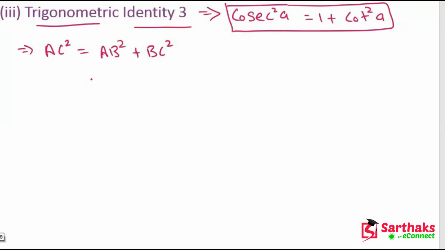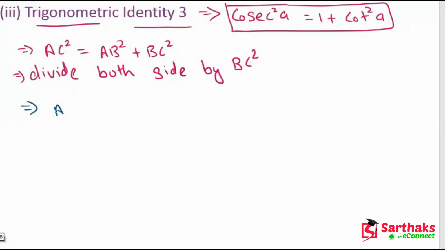For this we divide both sides by BC square. So we get AC square upon BC square is equal to AB square upon BC square plus BC square upon BC square, which is 1.